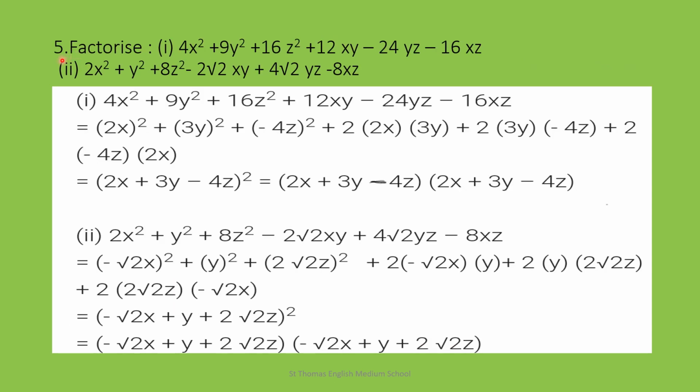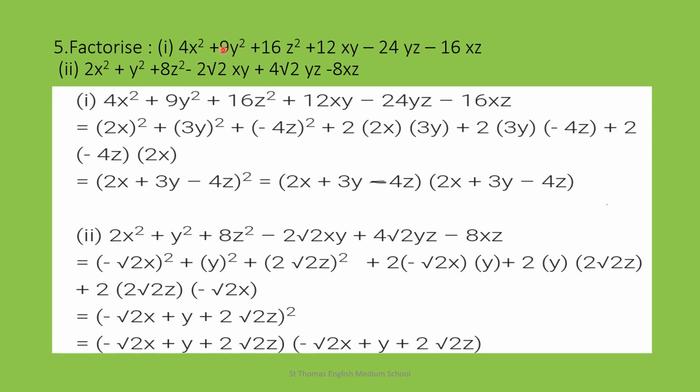Question number 5, factorize. In that question number 1, 4x square plus 9y square plus 16z square plus 12xy minus 24yz minus 16xz. Now it is a polynomial of degree 2 and here the first three terms are perfect square numbers. So you think about the identity a plus b plus c whole square.